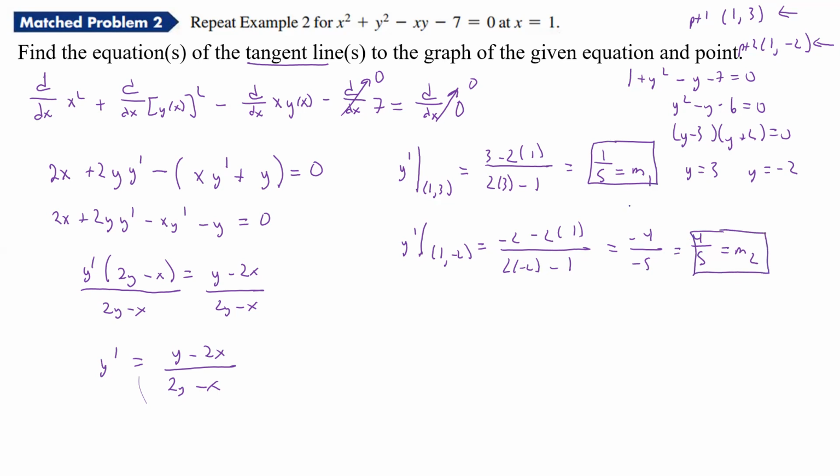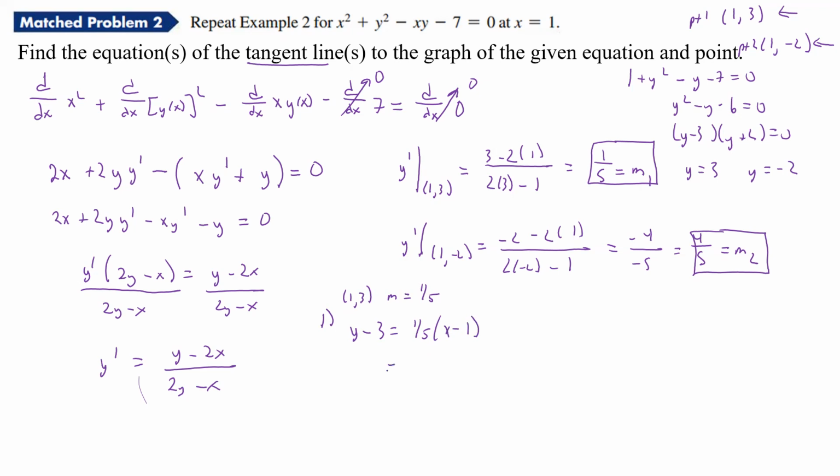Now, last time, the problem we did, they only wanted the slopes, but this time they want the equations of the line. So for the first one, we're going to use the point 1 comma 3 and the slope of 1/5. So we just use our point slope formula, y minus y1, which is 3, equals the slope times x minus x1, which is 1.